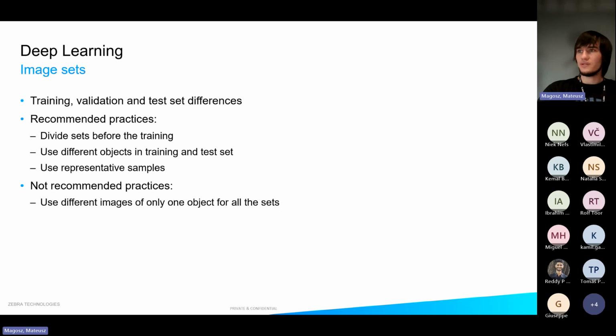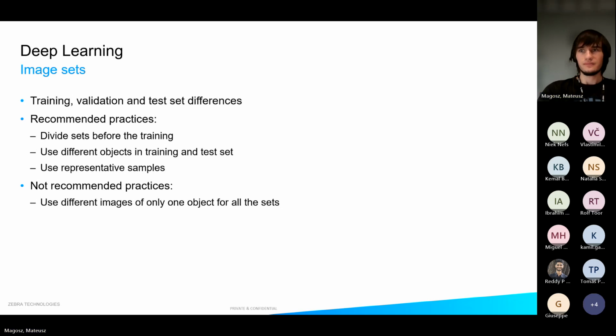The third one, use correct representation. So the most usual case you will have. Of course, if there are some weird cases that are considered okay, you should also include them into your model so it has some information about them and it can adjust.